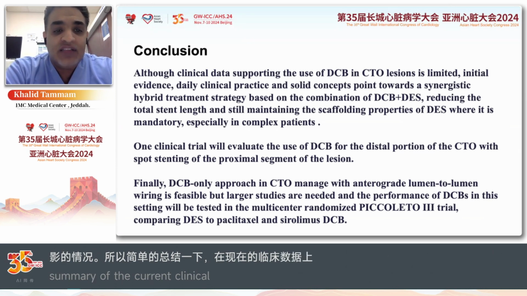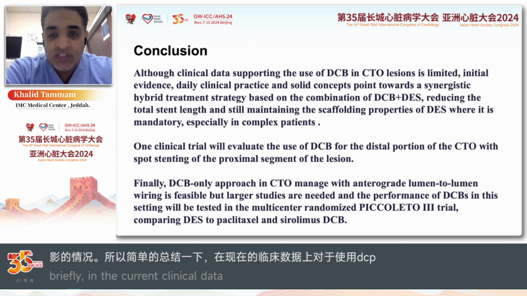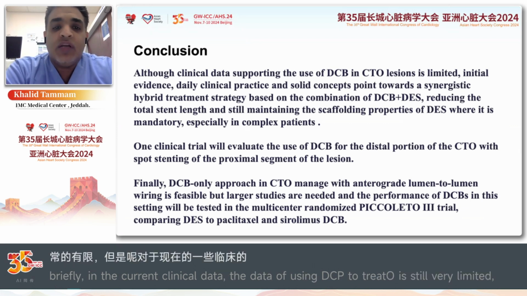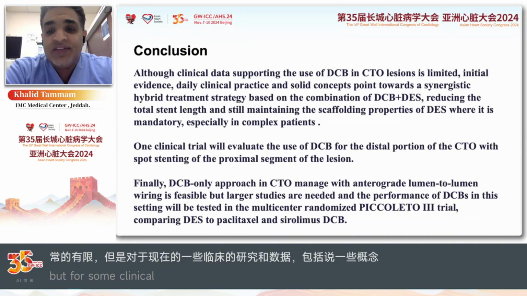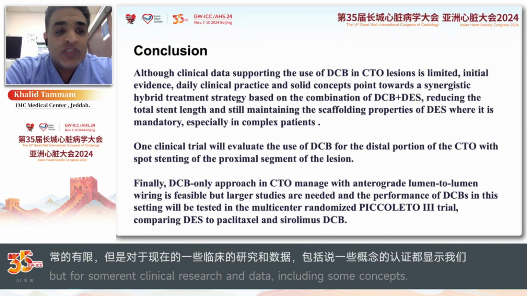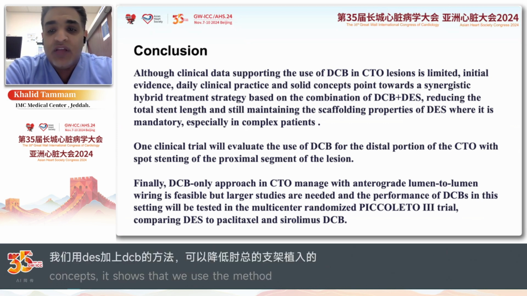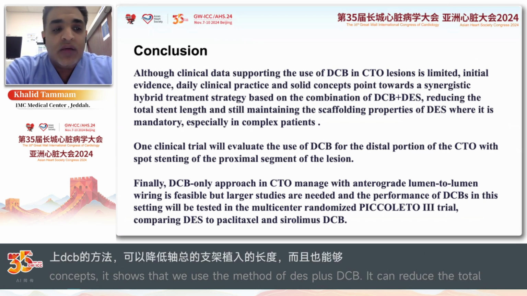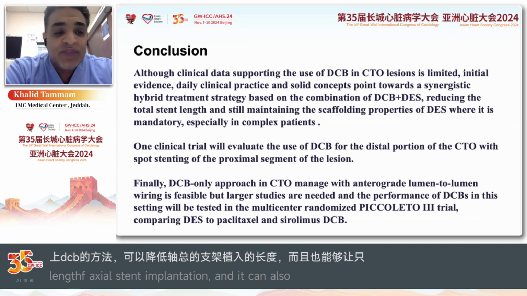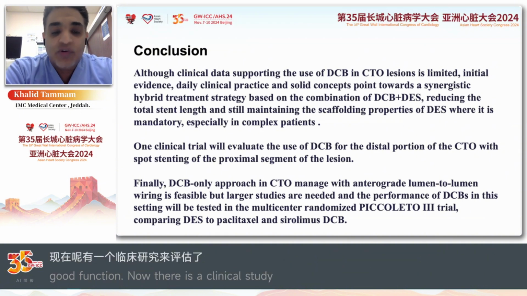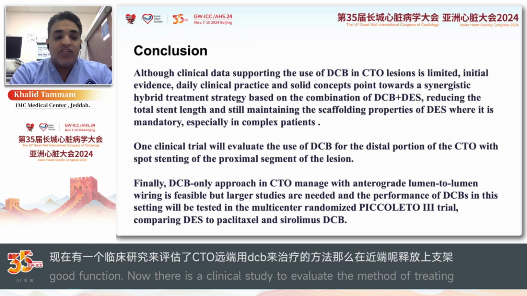Initial clinical practice points towards a synergic hybrid treatment strategy based on a combination of DES and DCB to reduce the total stent length while still maintaining the scaffold, especially in complex interventions. One trial will evaluate DCB for the distal portion of the CTO, with spot stenting in the proximal, as I told you, and then we put the DCB in the distal vessel.